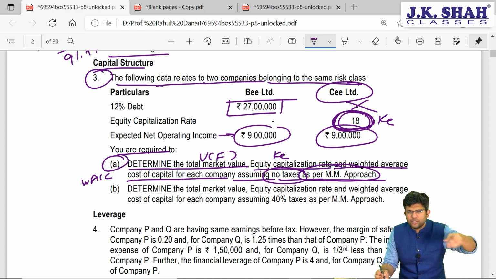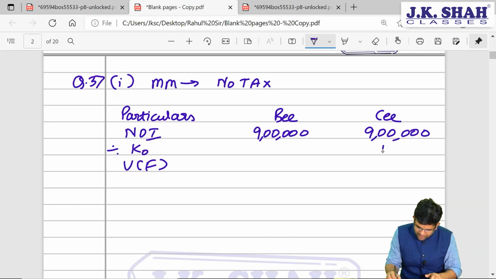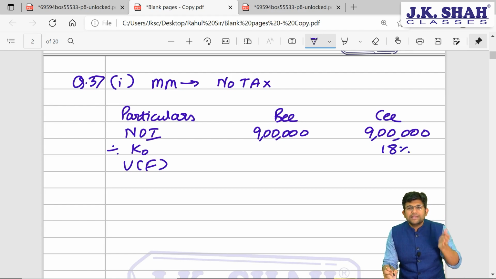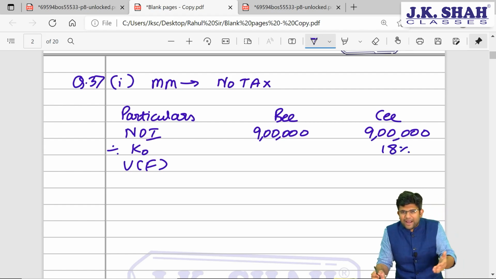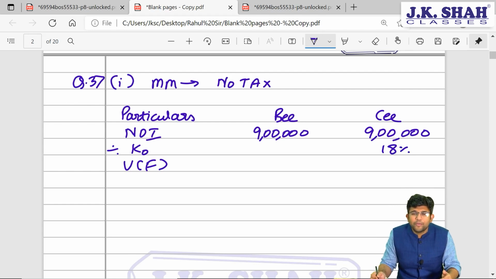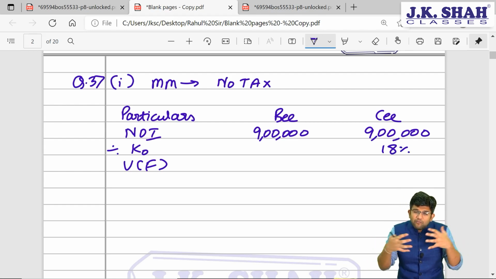KO means overall cost, WACC, correct? If there is no debt, cost of equity and overall cost will be same. So for C Limited, I know I have to take 18%. Secondly, children, do you realize in the approach without tax, and therefore in the NOI approach, the values of both companies and their KO are same. Everyone clear?